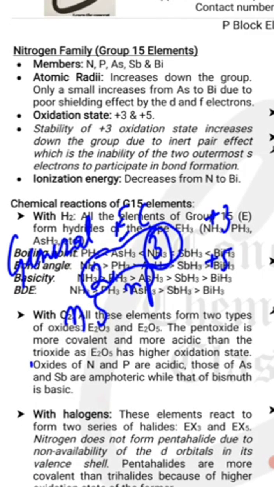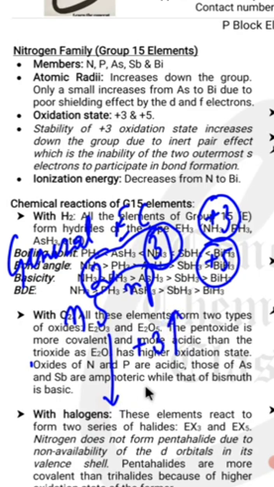Now, the stability of these +3 and +5 oxidation states, let me explain that. Their stability is very important for the examination. Down the group from nitrogen to bismuth, the stability of +3 oxidation state increases while the stability of +5 oxidation state decreases.